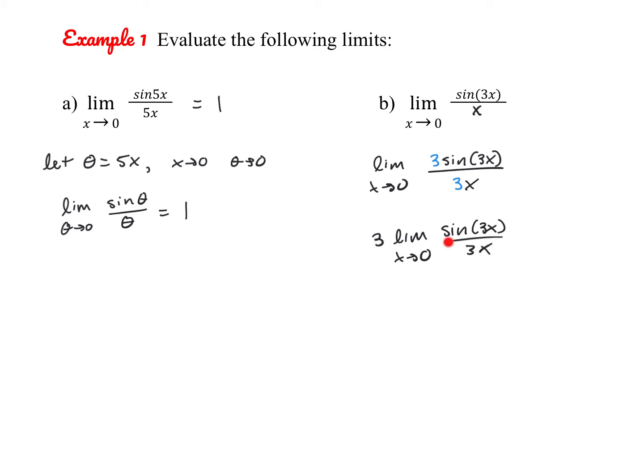And then this limit we can evaluate just like part A. We know that since this and this match, this limit will equal 1. So we just have 3 times 1, which is 3. So you can see that we try to manipulate our function to make it look like those definitions from the previous slide, so then we have something that we can evaluate.